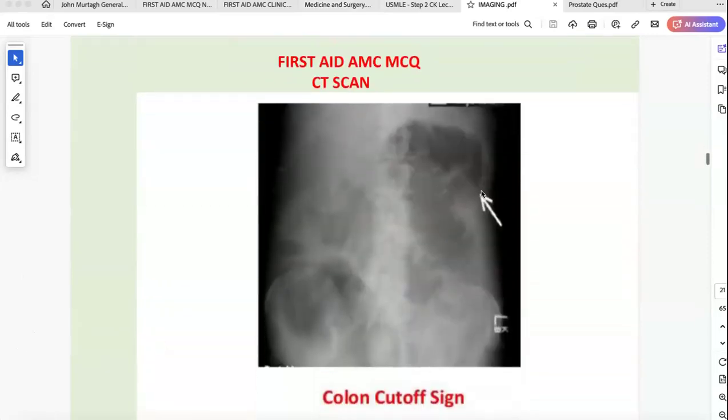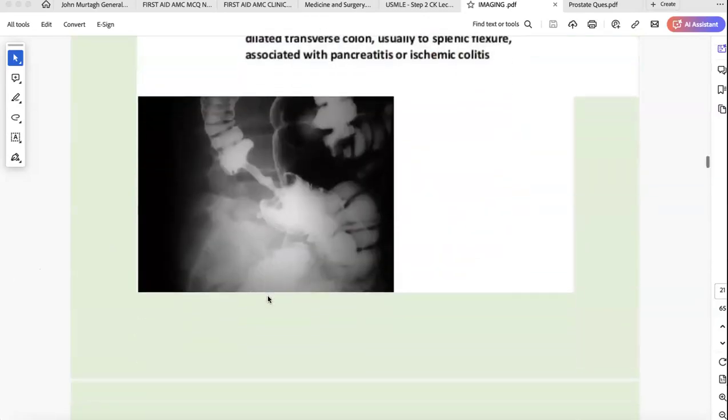Same in here, you can see the cutoff sign, and this patient also has features of large bowel obstruction. How do we know? Because you can see the haustral folds, see here. So this is large bowel obstruction, possibly due to a mechanical obstruction, and possibly it is a cancer.